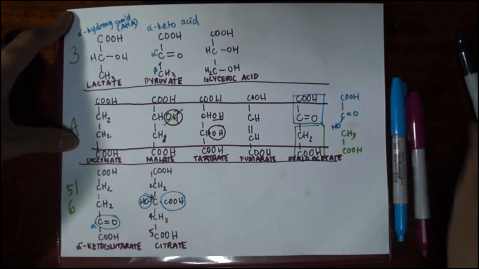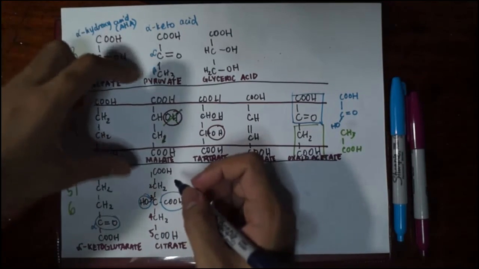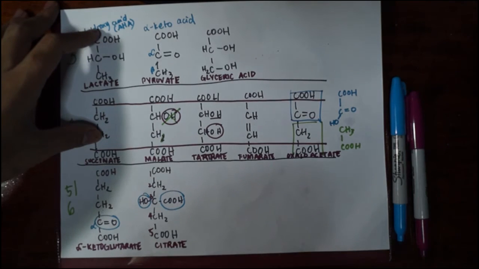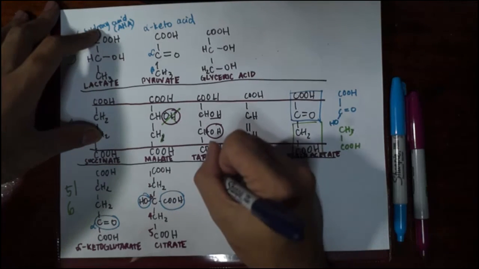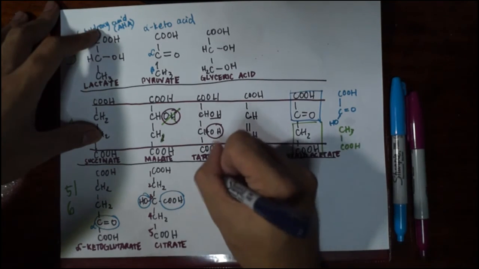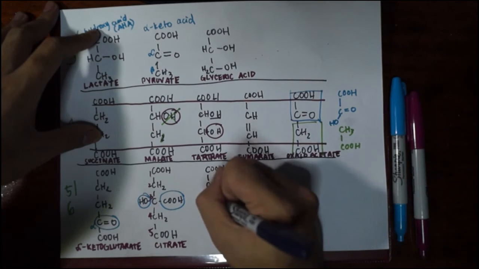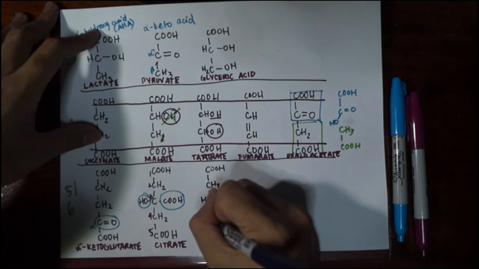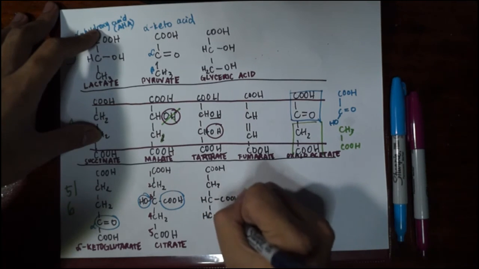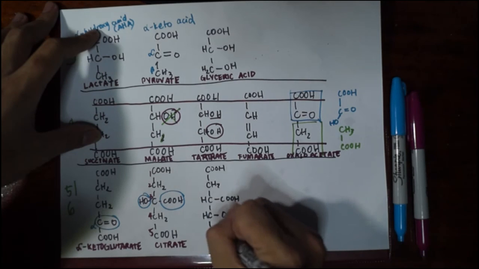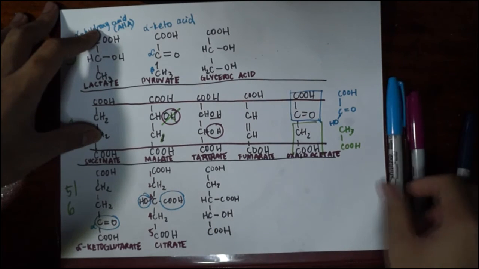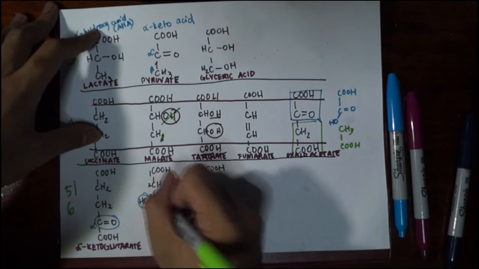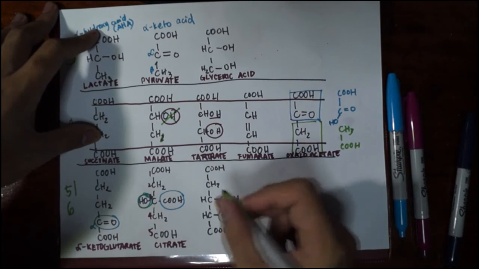But in case the carbon number 3 only contains 1, and where do we see the other one? In case the hydroxyl group is actually transferred to carbon number 4, the difference between citrate and this one is that the hydroxyl is on 3, while the hydroxyl here is on 4.